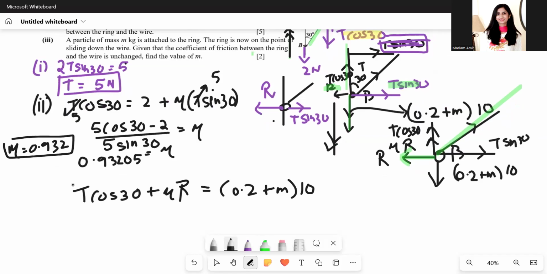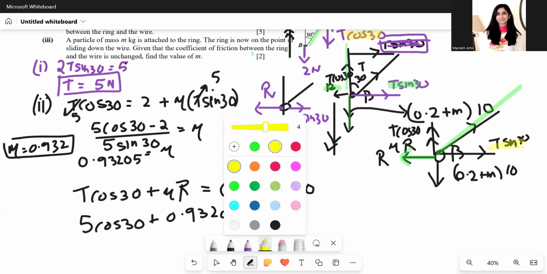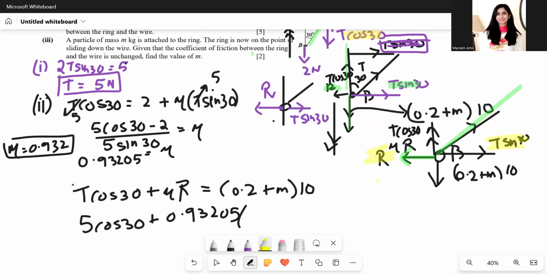T is also 5. So 5 cos 30 plus mu, which was 0.93205. R is also the same. It was T sine 30, because it's opposite to R, so it's 5 sine 30.